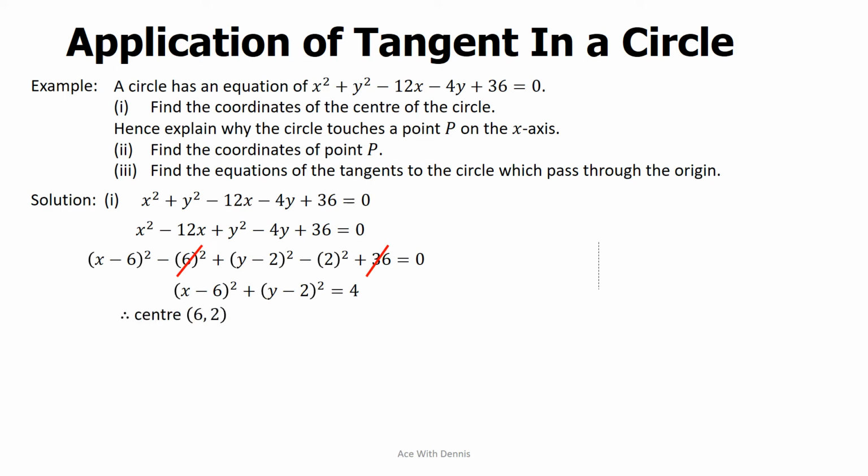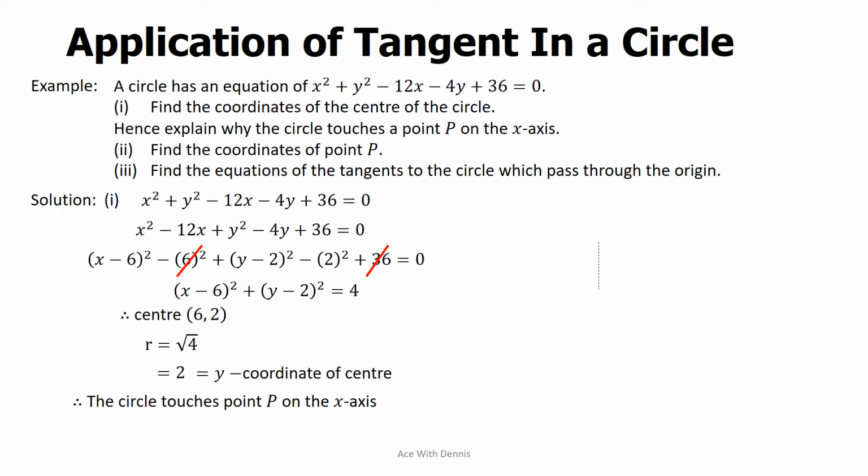From this equation, we can get the coordinates of the center, which is (6, 2). So we also know that the radius is square root of 4, which is 2 units. So this is also the y coordinate of the center. Therefore, the circle touches the point P on the x-axis.